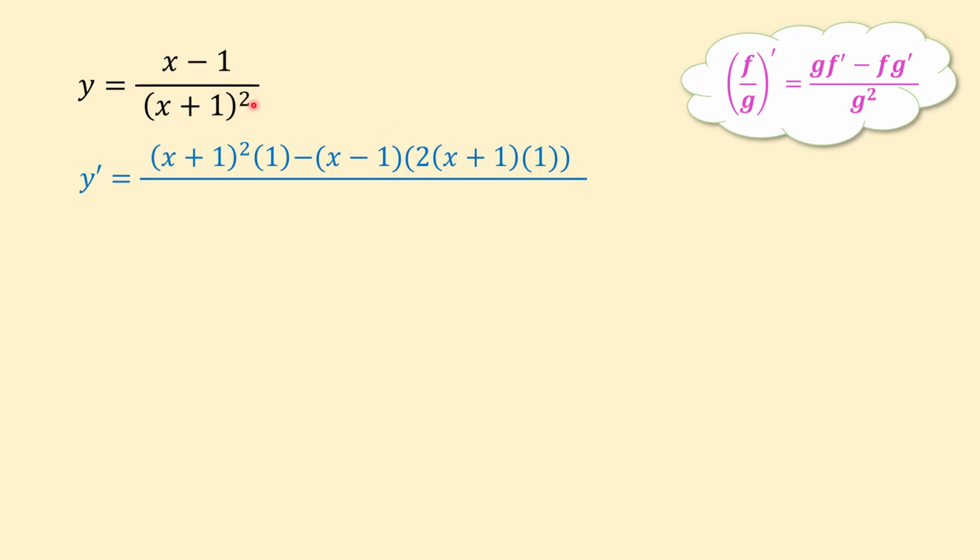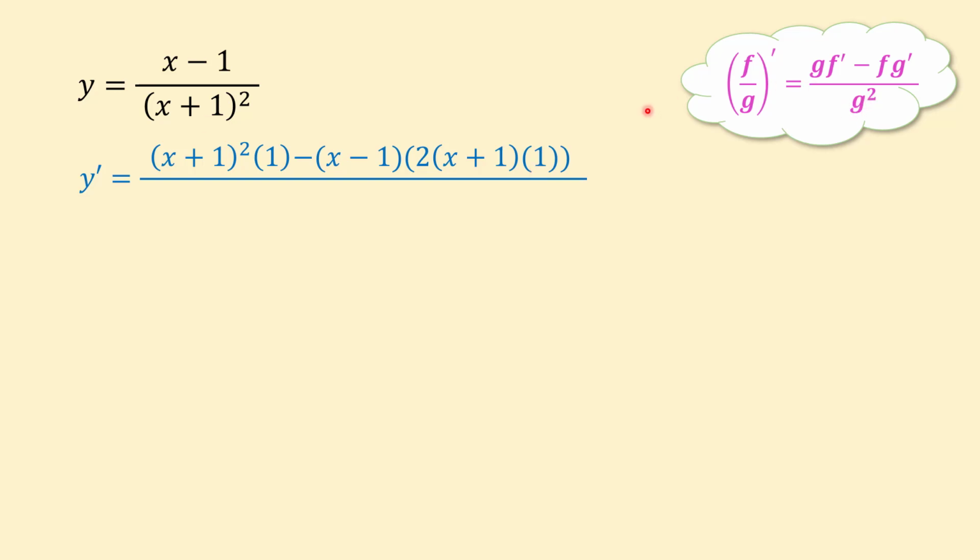First, we take the derivative of the outside function. We bring the power down to the front of the term as a coefficient and we reduce the power by 1. And it becomes 2 times x plus 1 times the derivative of the inside function. The derivative of x plus 1 equals 1. In this case, because the derivative of the inside function is just 1, it is negligible.